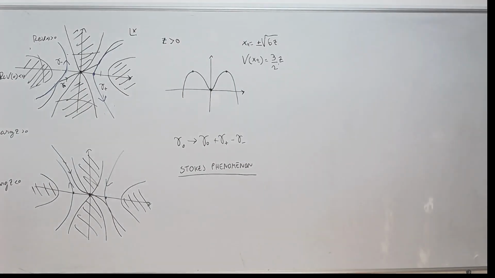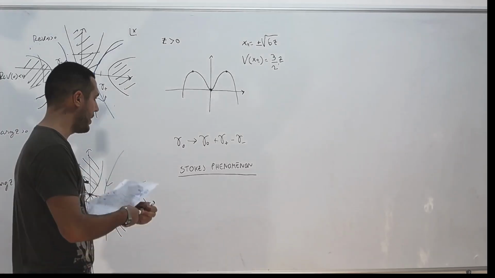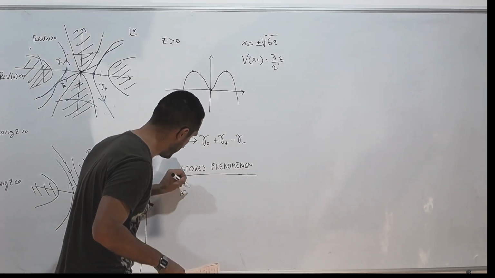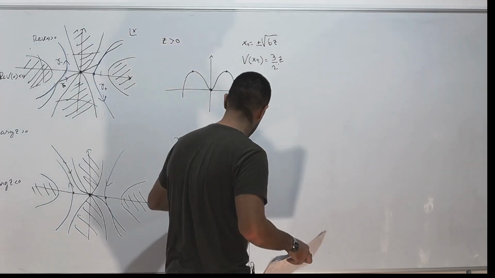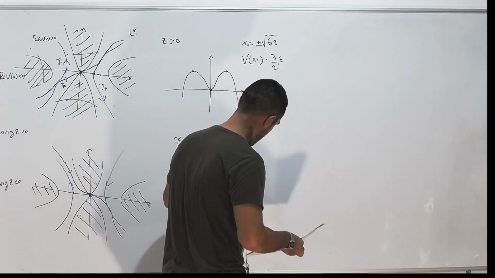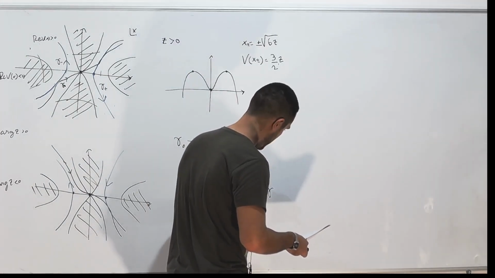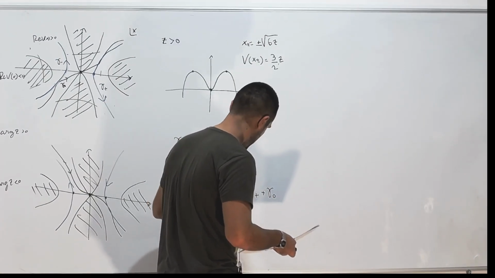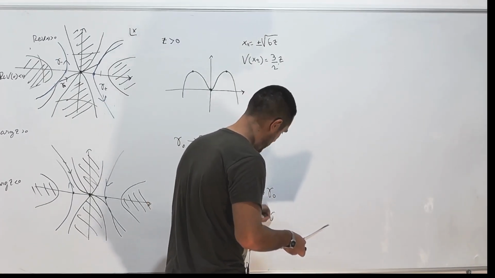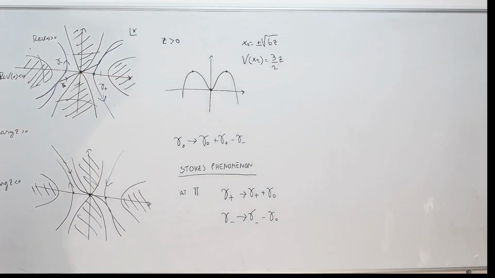Another little comment: if you now do the same thing, instead of argument of z close to 0, close to pi, which is another place where we expect a Stokes phenomenon to happen, we will see something analogous, but this time it is gamma plus that jumps, and gamma minus too, while gamma 0 stays essentially the same.